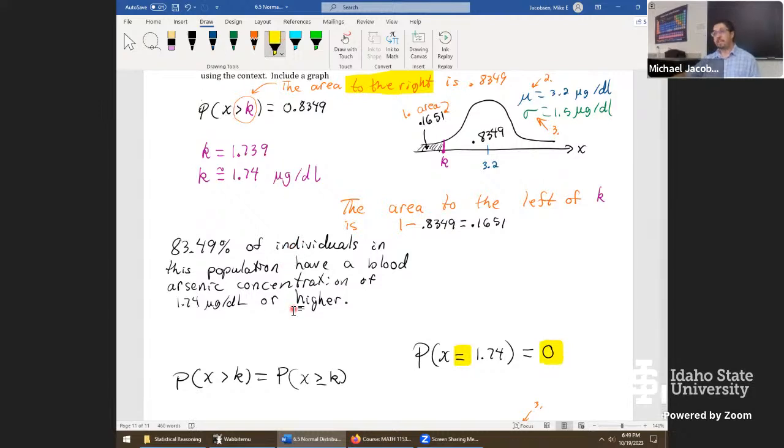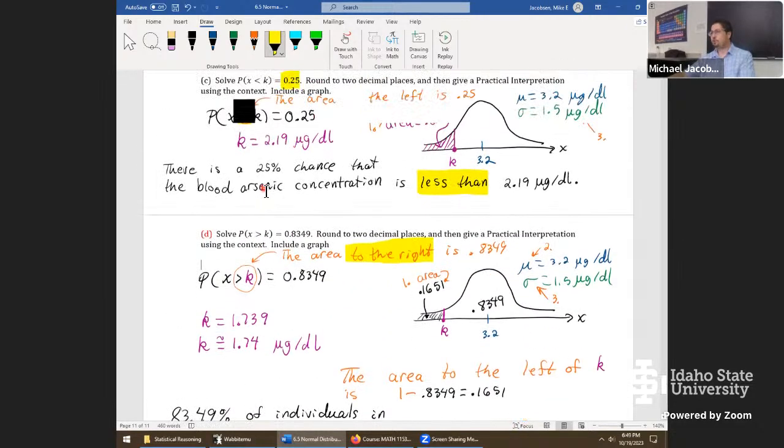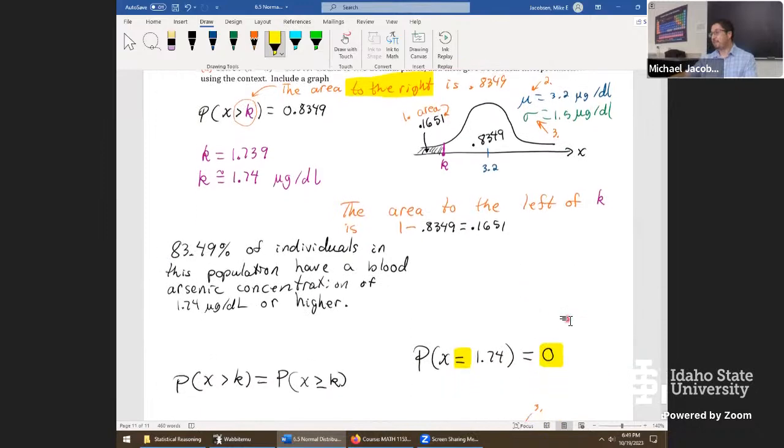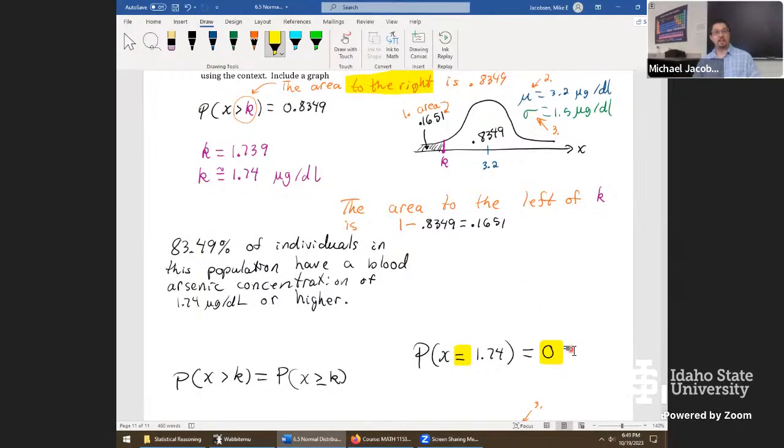So whenever you give interpretations, you are welcome to imply it takes on 1.73 and higher, or you can just imply it's strictly below 2.19. Whether you include 2.19 or exclude it, both are considered perfectly acceptable answers. In fact, mathematically, they're both 100% correct.